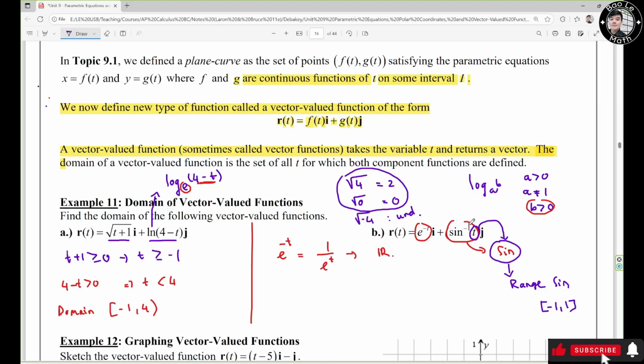So the domain of inverse sine of t is -1 to 1. Now we need to combine these two, so we use the intersection of the real numbers and this interval.